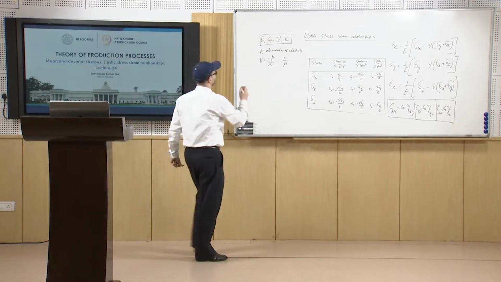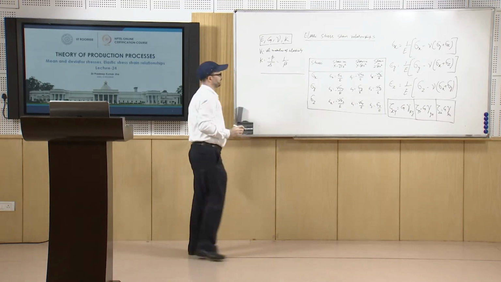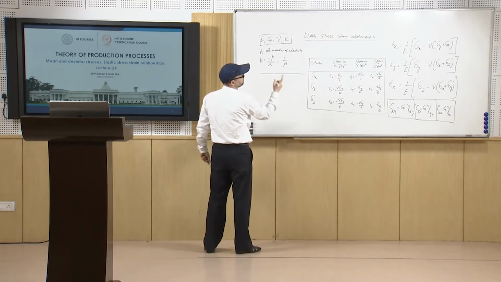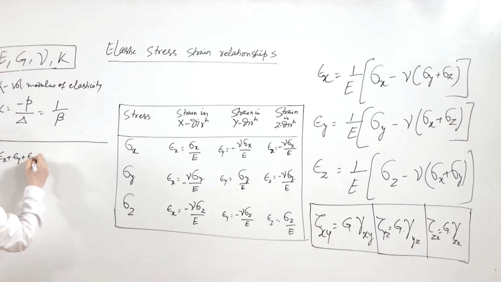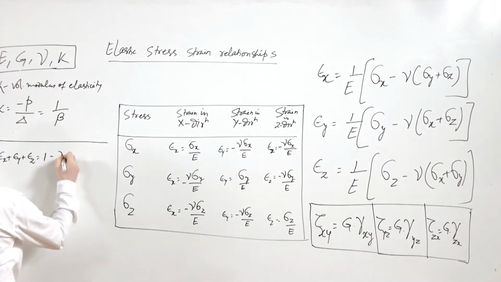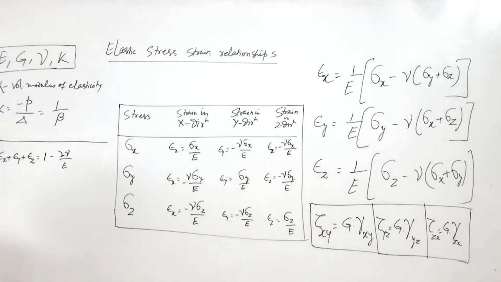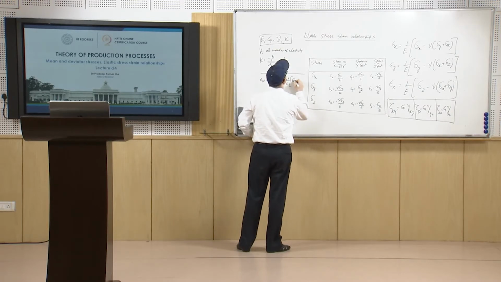So you can see that if you find epsilon x plus epsilon y plus epsilon z, then you will get 1 minus 2 nu by E as the term, and then you will have sigma x plus sigma y plus sigma z.